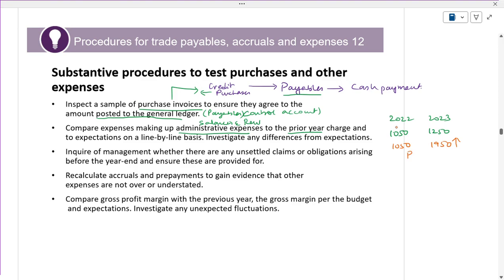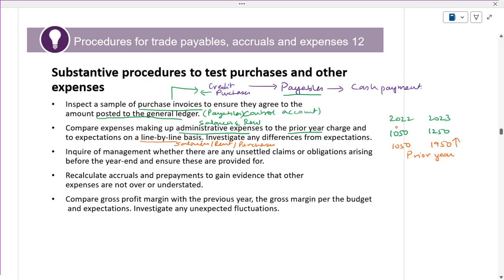This is what we are talking about every time: the prior year. Why are we talking about the prior year? We will look for any extraordinary changes. Is it extraordinary? Compare with the prior year charge on a line by line basis. Line by line basis means you have to compare salaries to salaries, rent to rent, purchases to purchases.